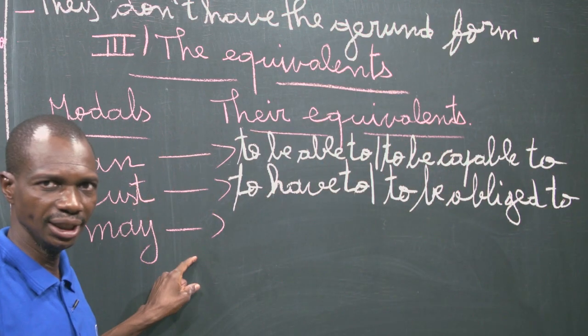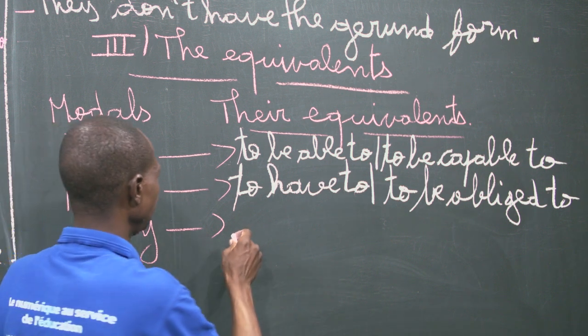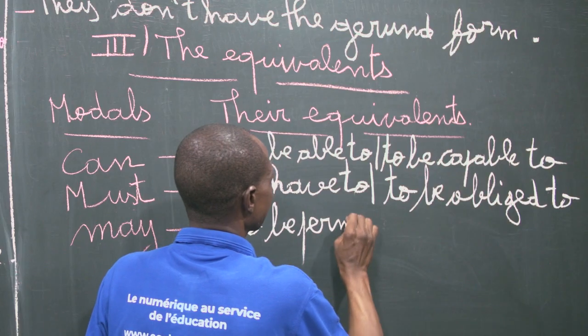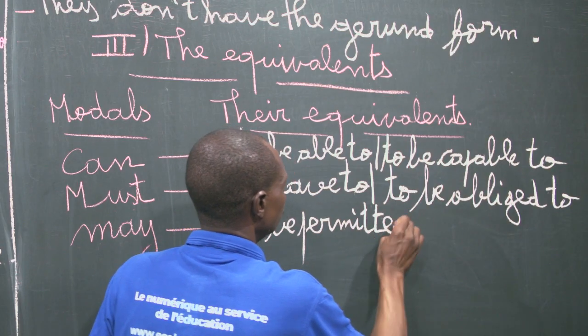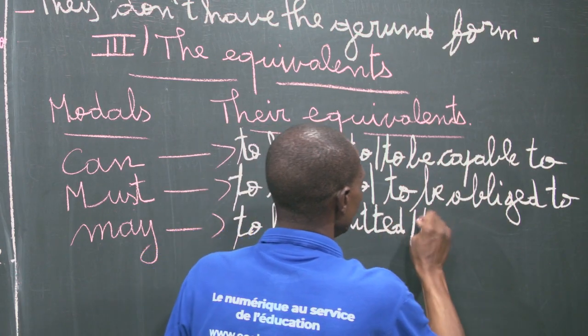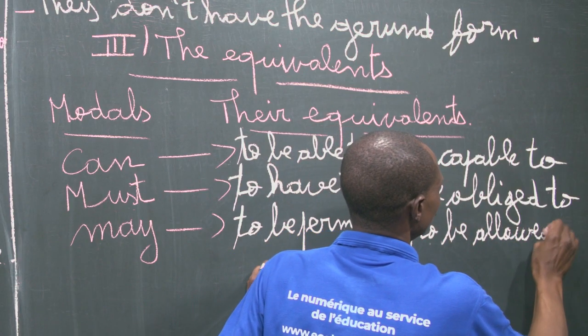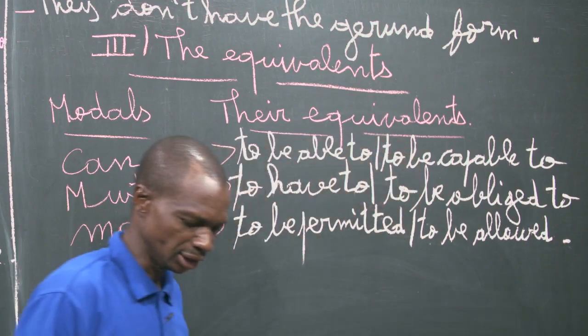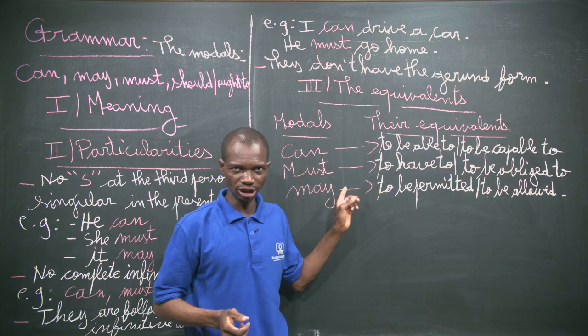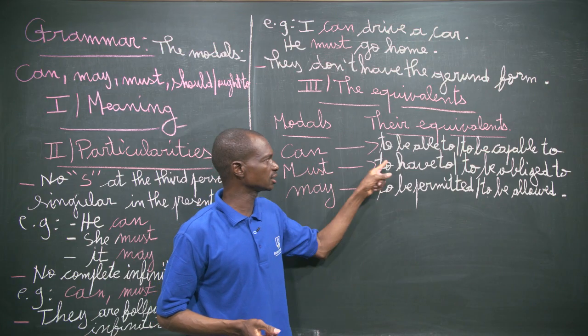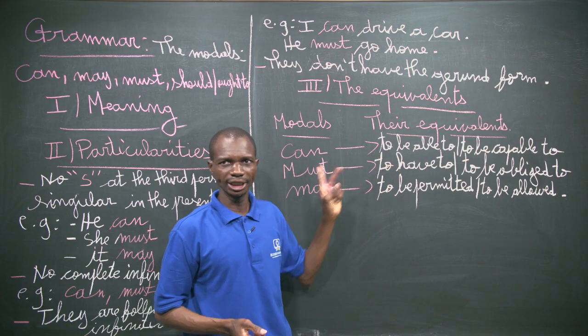And the equivalent of may is to be permitted to, or to be allowed to. Then here we can see clearly that every modal auxiliary has two equivalents.